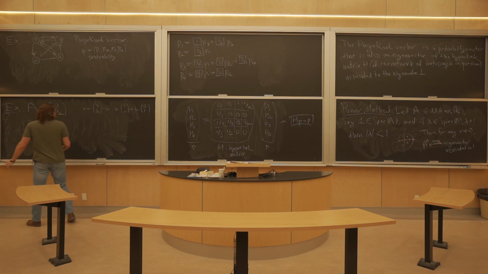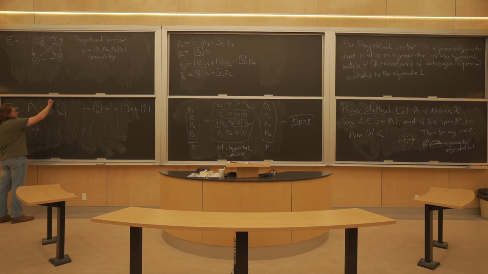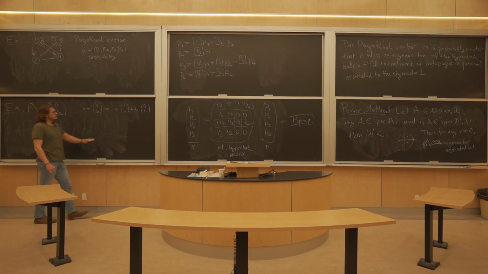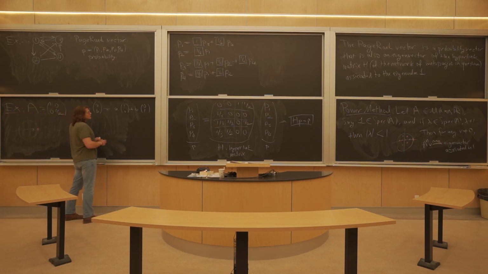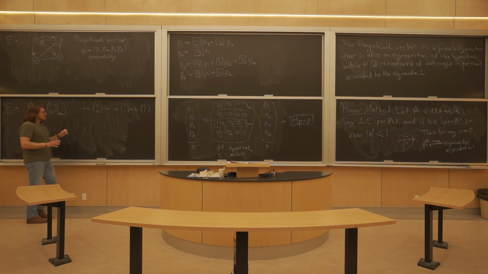And of course, (1, 0) is an eigenvector associated to this eigenvalue 1, and (0, 1) is an eigenvector associated to the eigenvalue that is less than 1. I didn't tell you what B is, and in this case I want to come up with (1, 0) somehow, because I want to end up with an eigenvector for 1. But instead of trying to compute it, what this power method says is the following. Look at this.